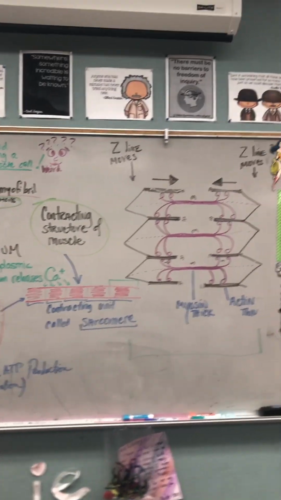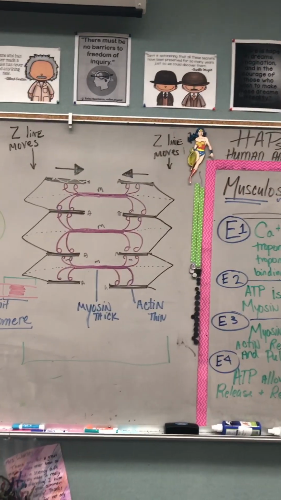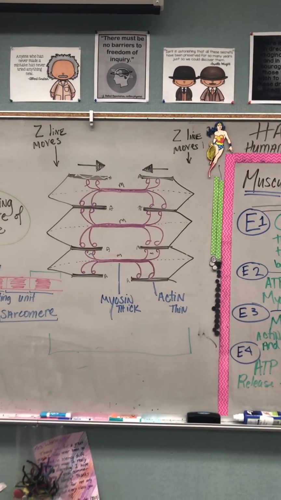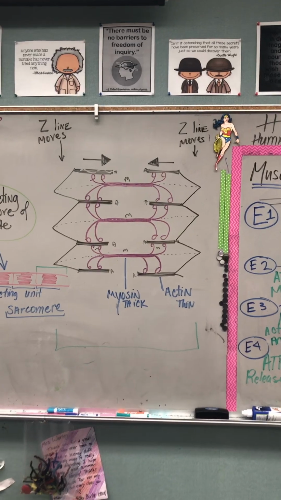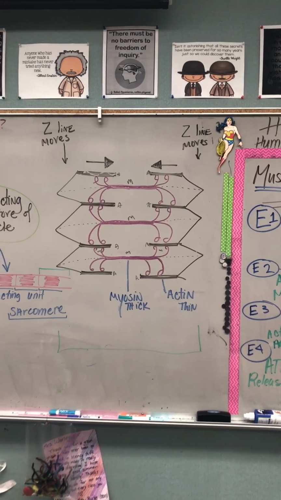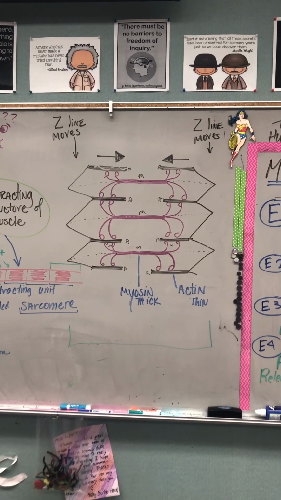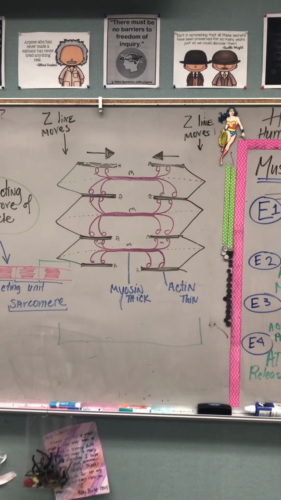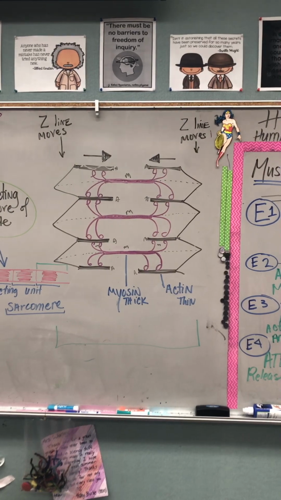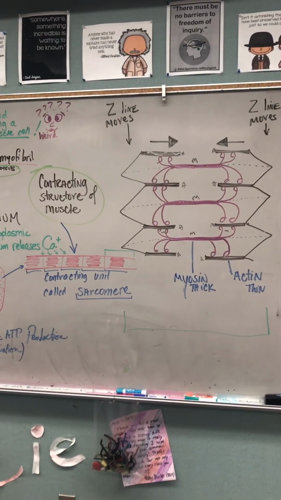So in this model here, we have purple myosin and black thin actin fibers, and the myosin and the actin are going to pull really hard on each other, moving the actin inwards along the midline and drawing those Z lines on the left and the right towards each other, causing that sarcomere to get shorter.